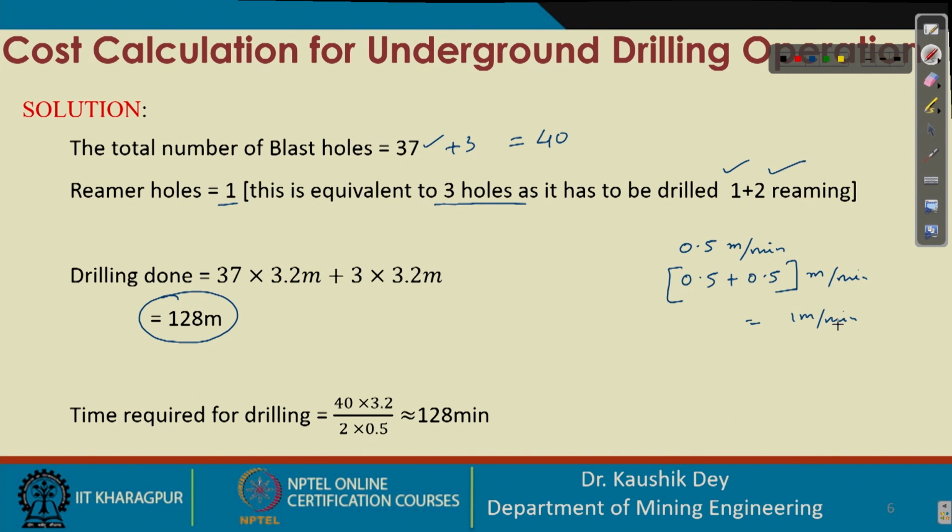Considering this, the time required to complete the total 37 holes plus 1 reamer hole is 40 into 3.2 divided by 2 into 0.5, which gives us 128 minutes.